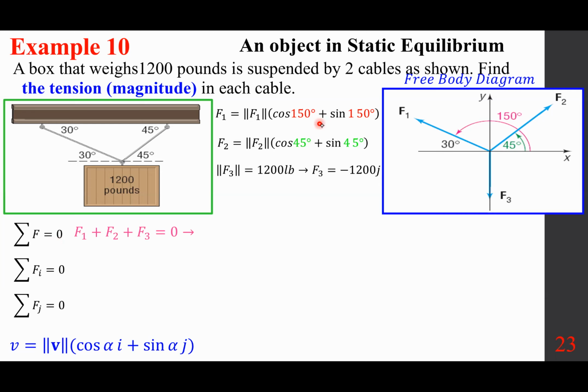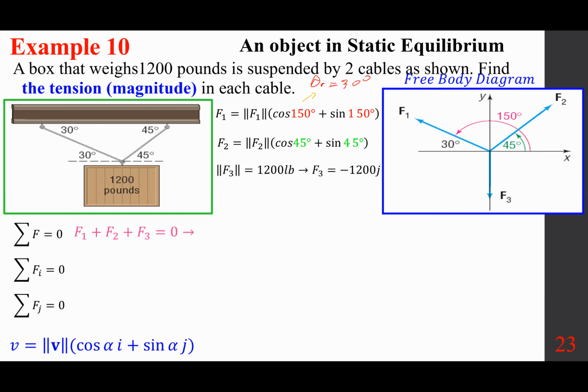Now, when we go back here, remember 150 degrees, that means the reference angle is 30 degrees. Use a red one for that. Theta sub r is 30 degrees. So in the second quadrant, cosine is negative.